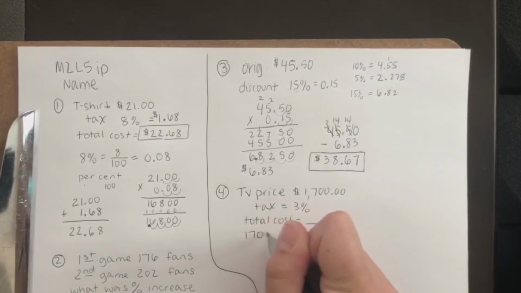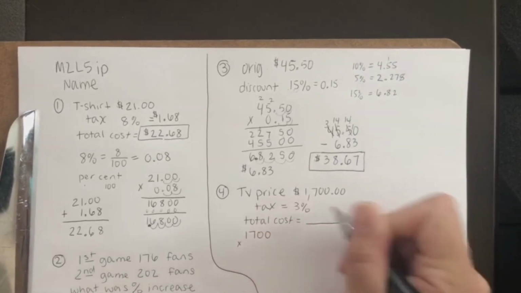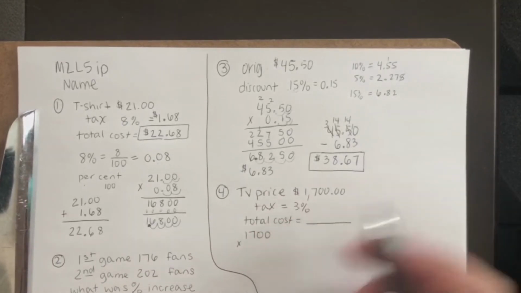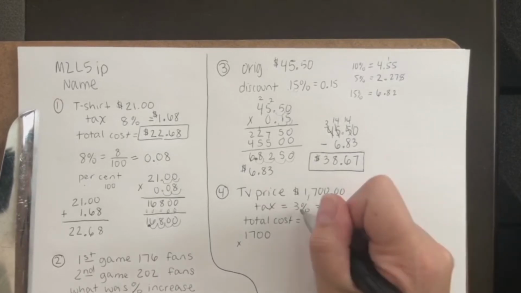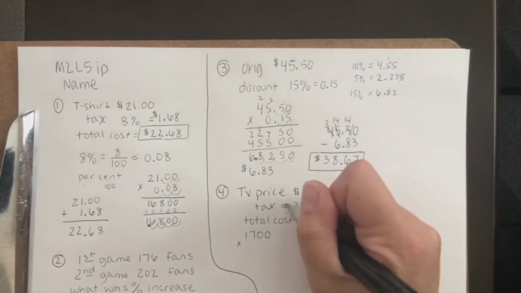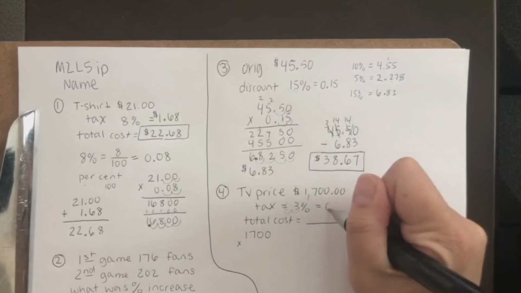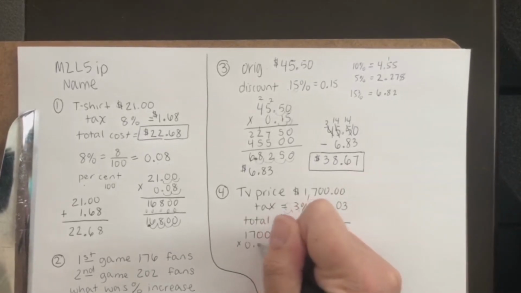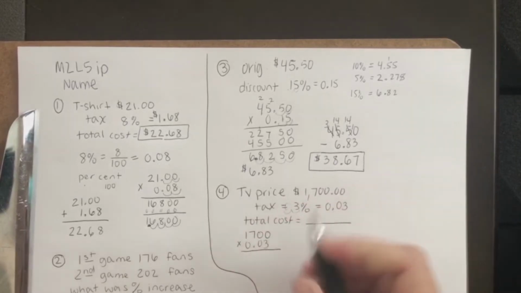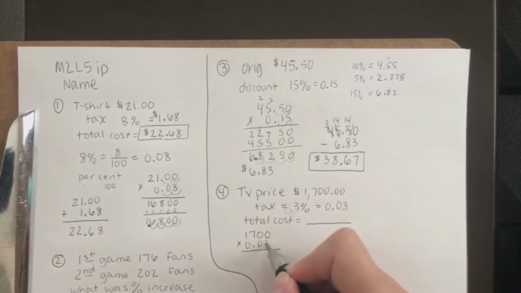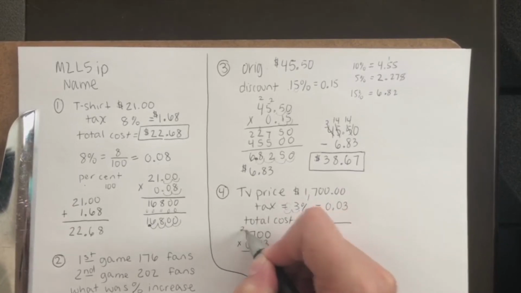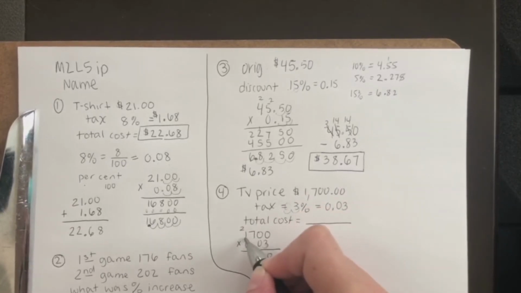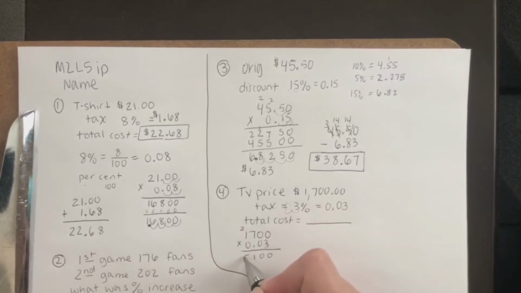So 1,700 times, remember that 3%, we calculate that by moving the decimal twice. So we actually need a 0 there, 0.03. 3 times 0 is 0. 3 times 0 is 0. 3 times 7 is 21. 3 times 1 is 3, 4, 5.